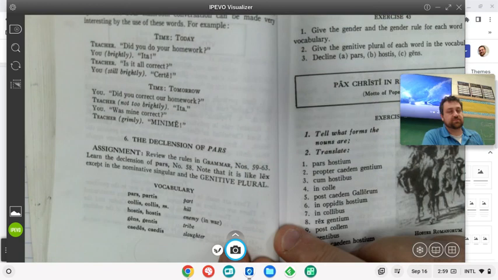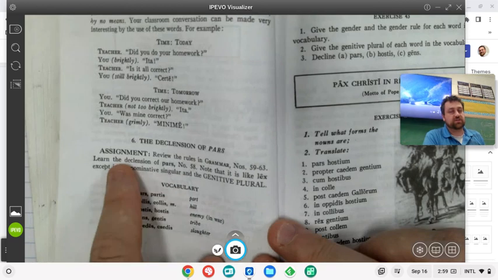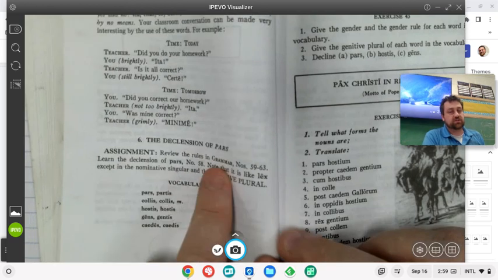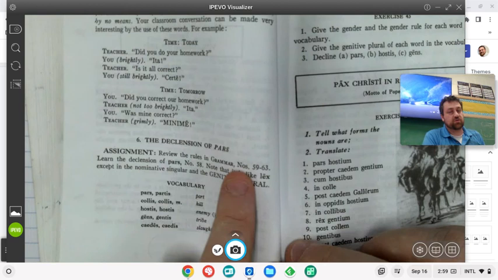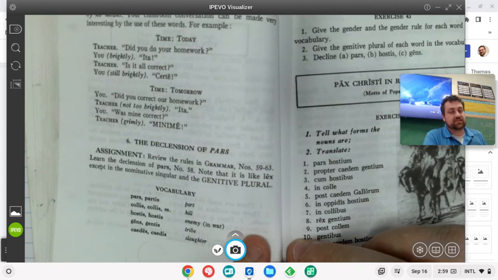And you'll notice that oftentimes in your Henley book, it will refer to your grammar book. So assignment: review the rules in the grammar, numbers 59 through 63. Learn the Declension of Pars, number 58. Note that it is like lex, except in the nominative singular and the genitive plural.